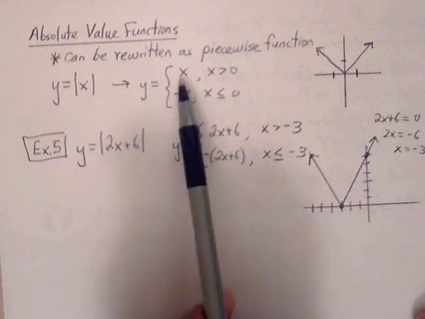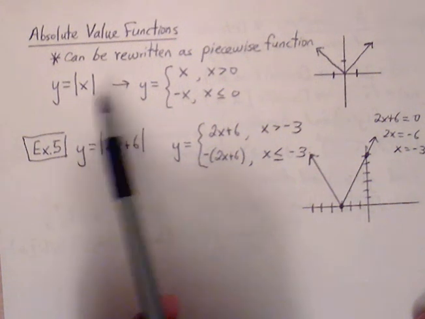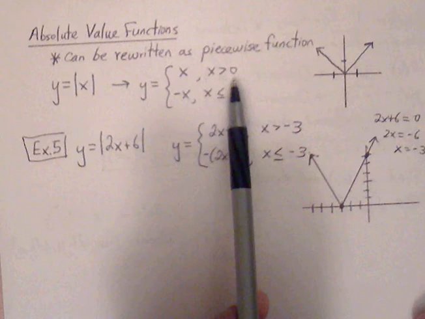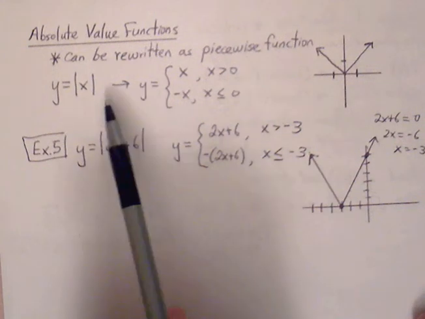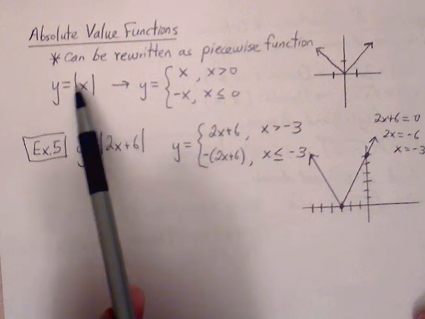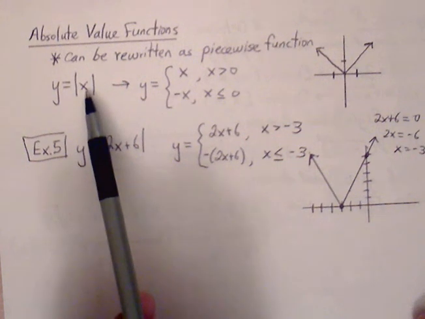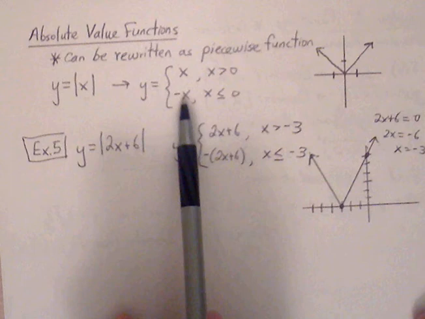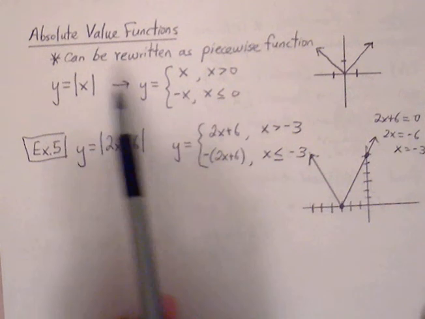The way we determine the restriction here is we set the value inside the absolute value equal to 0. And then the other is going to be the negative version of the expression inside the absolute value, and then we're going to have the inequality going in the other direction.